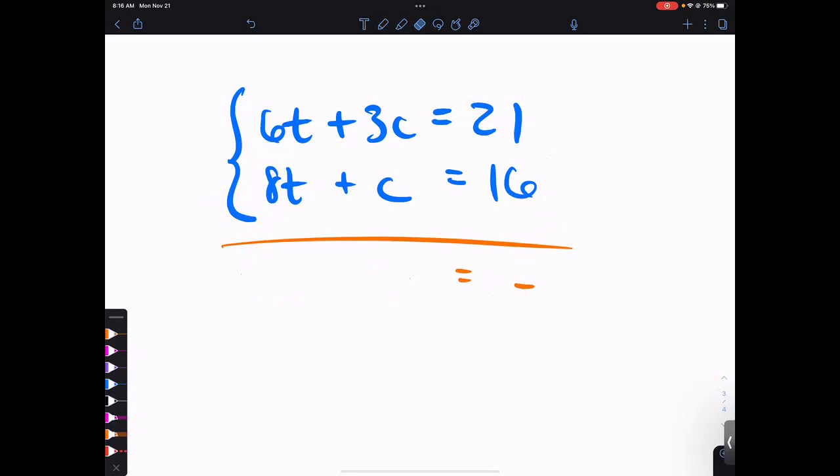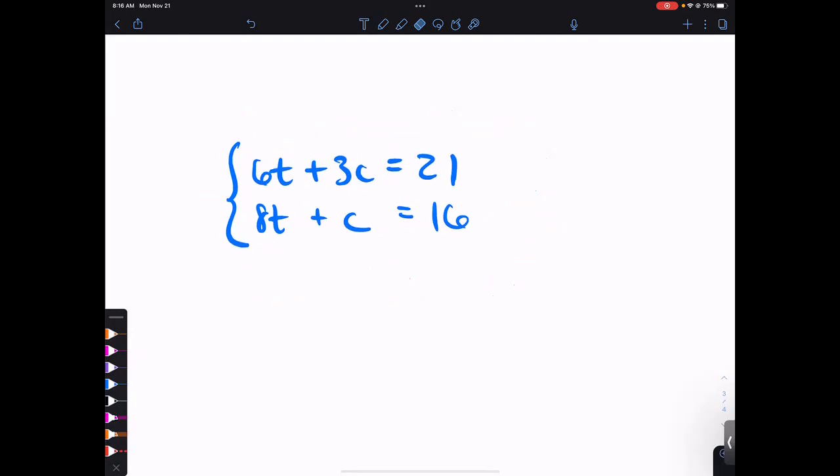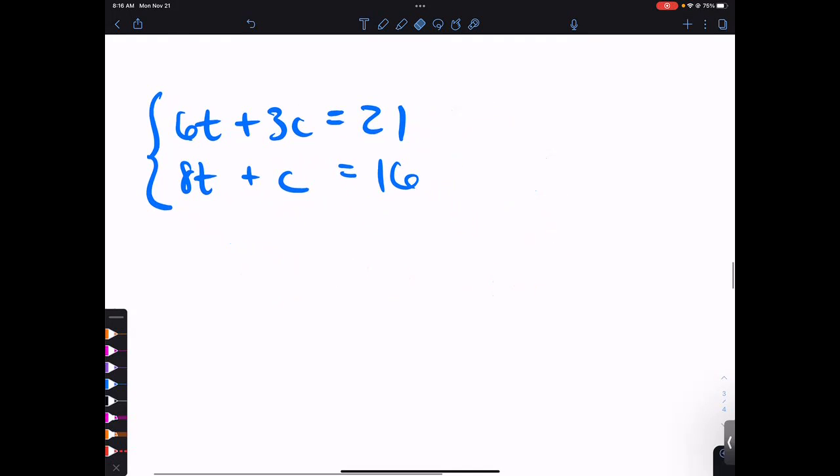Does anybody see anything we can do that might help? What if we focus in on one of these? If I'm going to add or subtract these together like we've been doing, to get something to drop out, I need the coefficients to be the same, right? I would need to have the same number of them in both equations. What if we took this and multiplied both sides by 3?